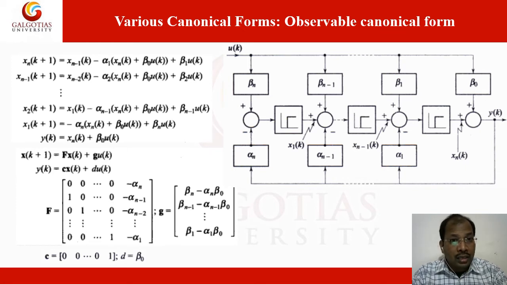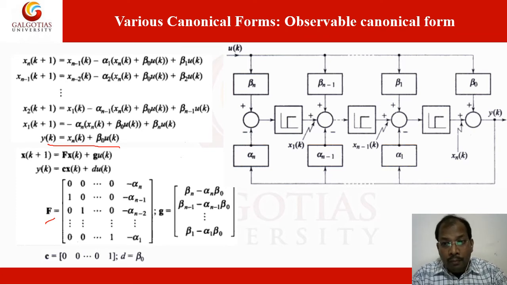So here you can see x_n(k+1) in this form, x_n(k+2) in this form. Same as here, we are writing y(k), which we can retain, and finally we can write F, G, C, D in observable form. So you can see, we are just taking the transpose of the controllable form, so we can get the observable form.